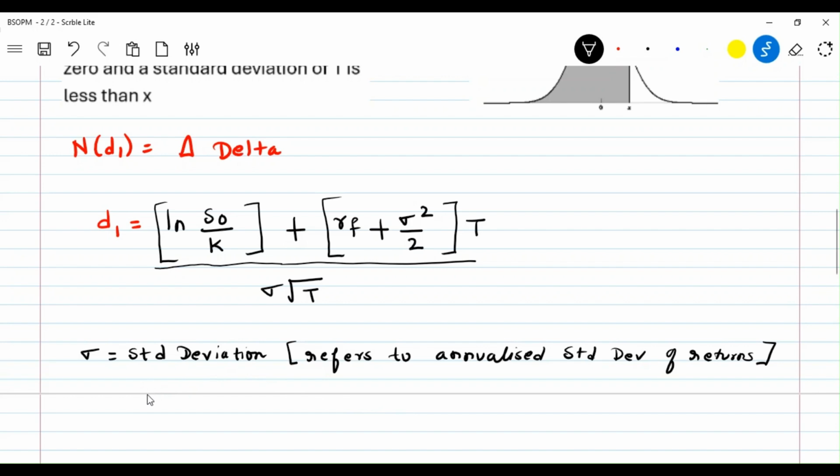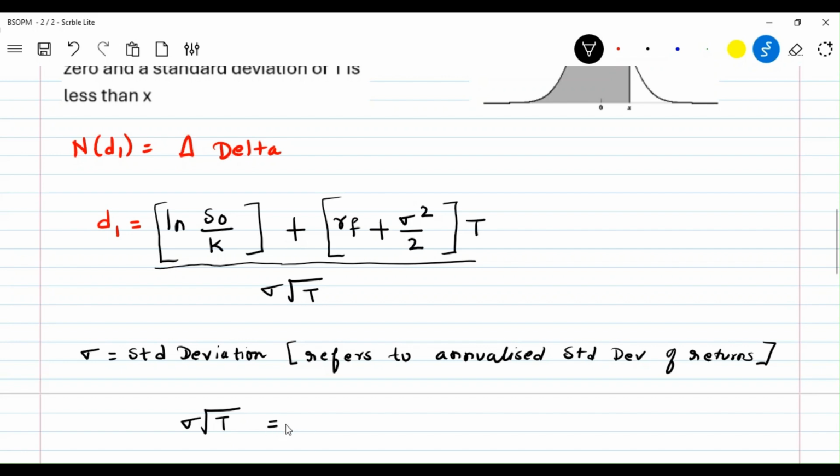So when we say that a standard deviation refers to an annualized standard deviation of returns, and a time period over which volatility is being scaled could be days, could be months, right? In our example, it could be 3 months, it could be 6 months. Therefore, this standard deviation is expressed with respect to the time, right?